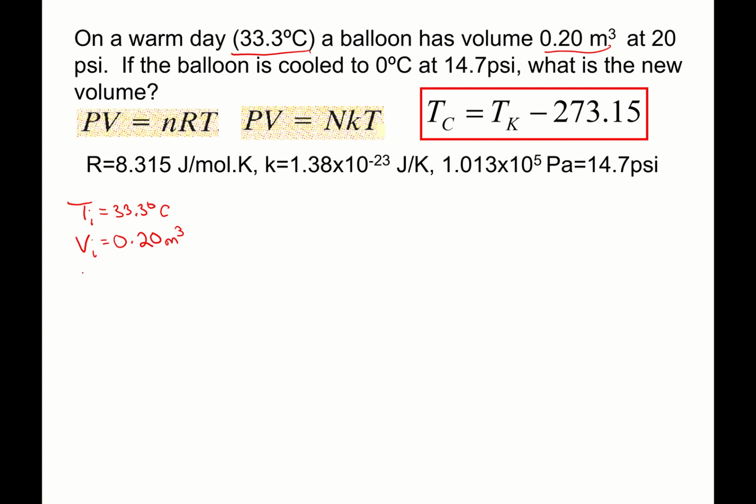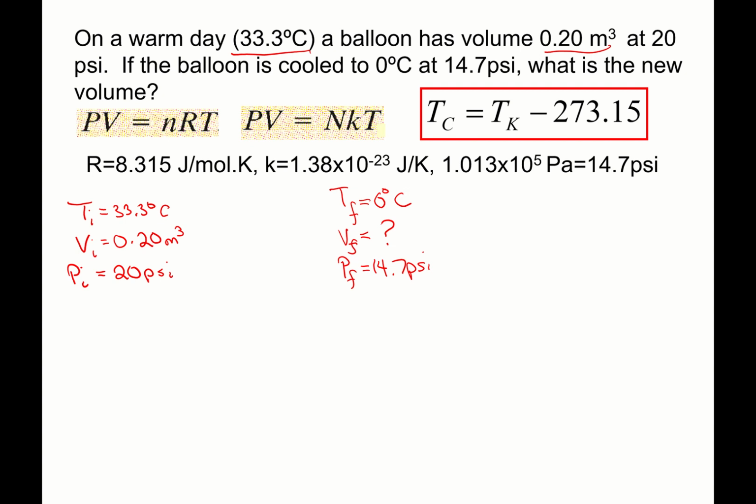And I've got P initial is 20 psi. And then we're going to go to a temperature of 0 degrees C, a final volume we're trying to find, and the final pressure is 14.7 psi.